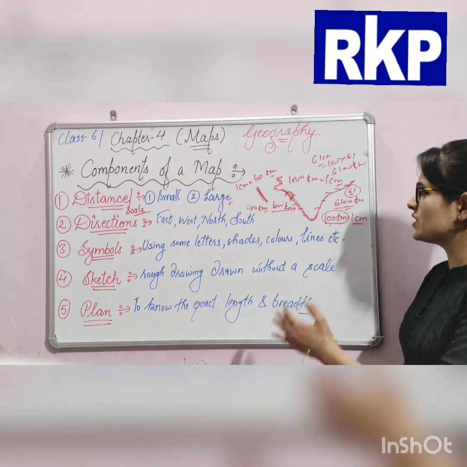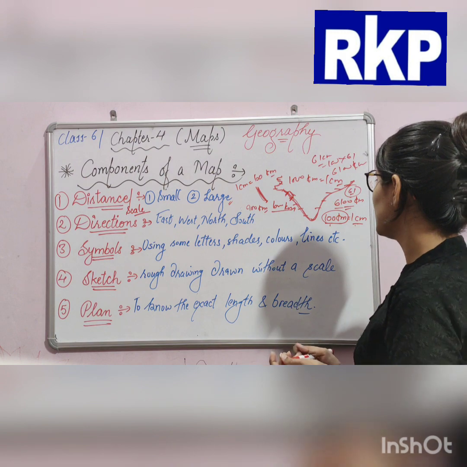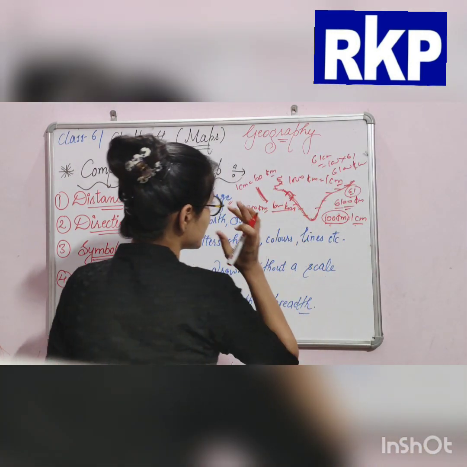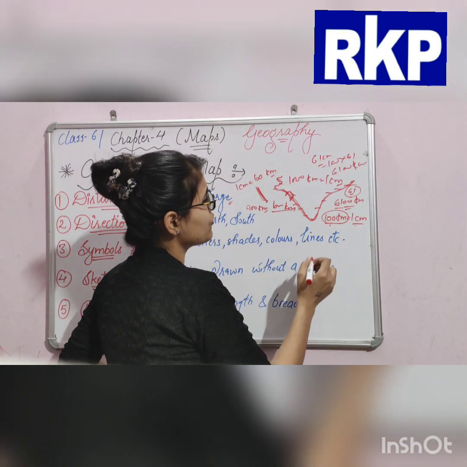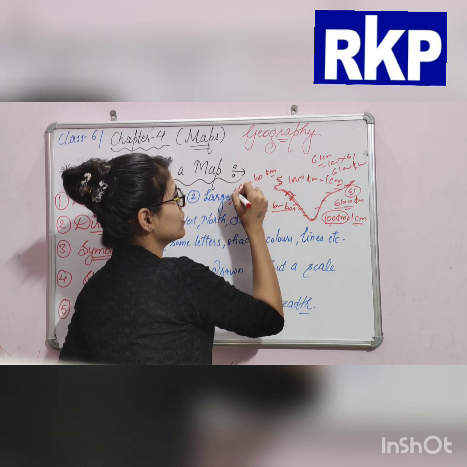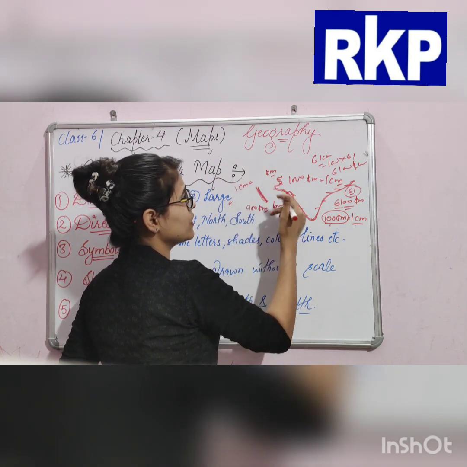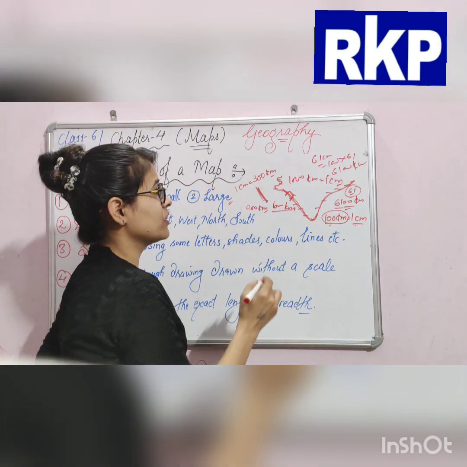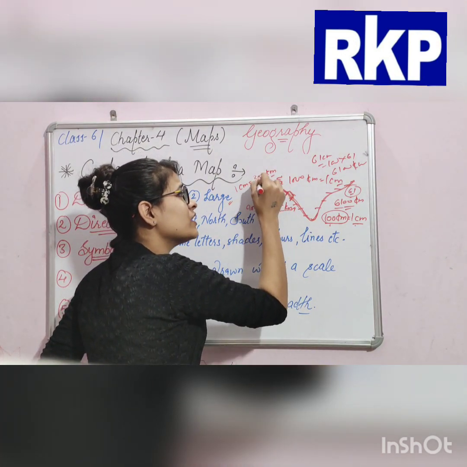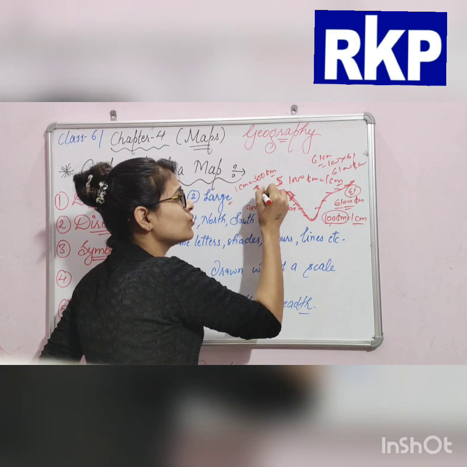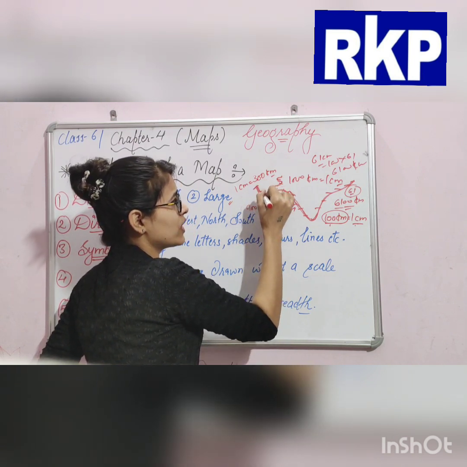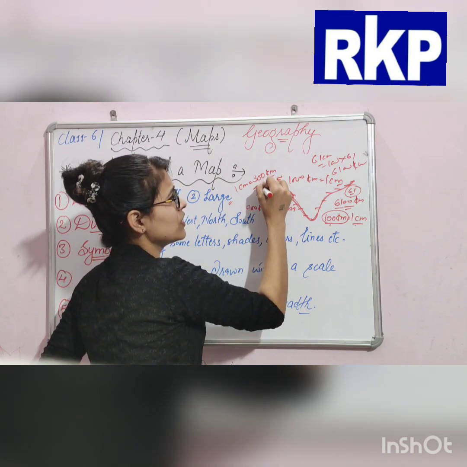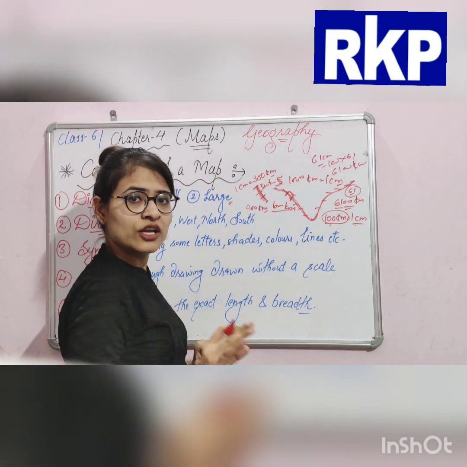We can say the scale is very large here, or if we take 1 centimeter equal to 300 kilometers, we can divide it into 3 parts. This is 1, this is 2, this is 3. It means this is 300 kilometers.